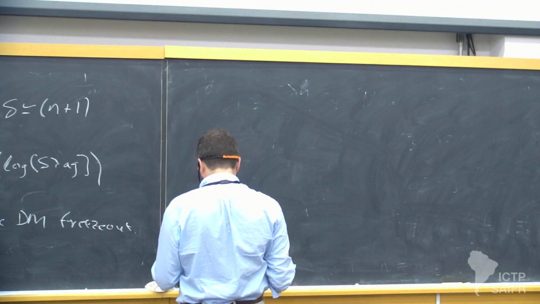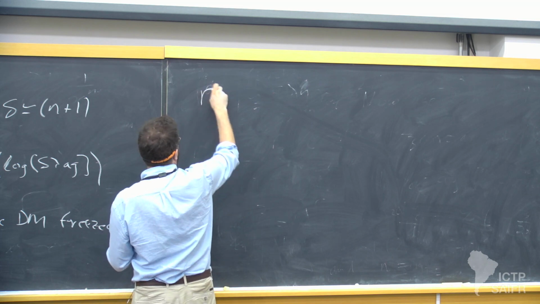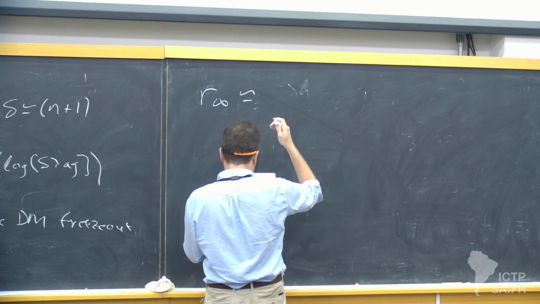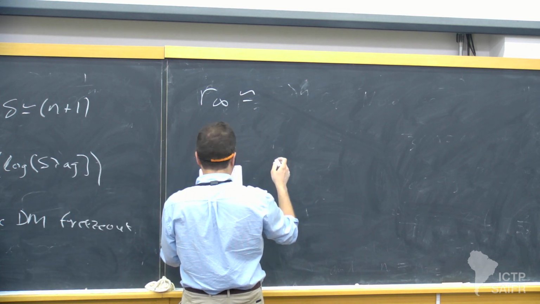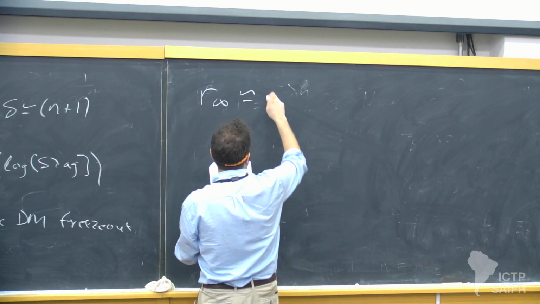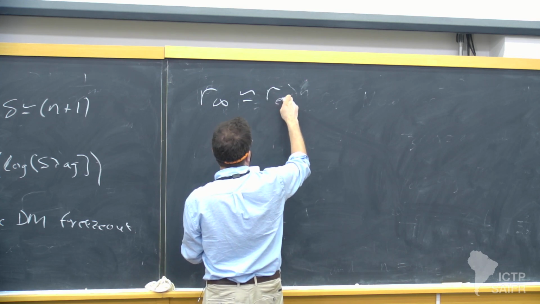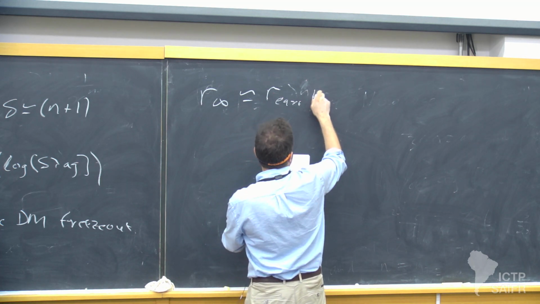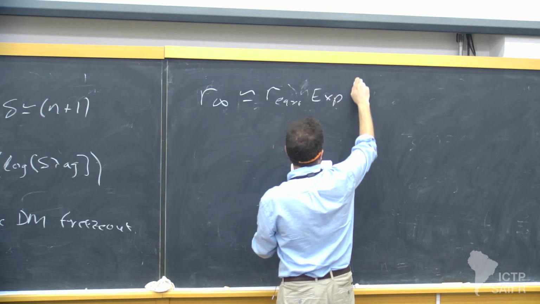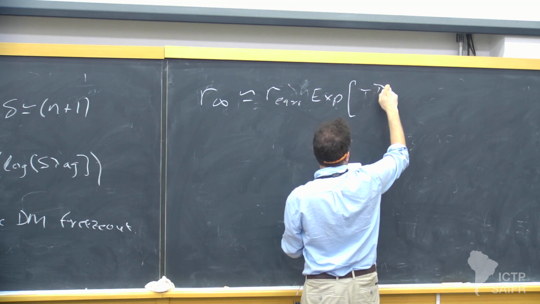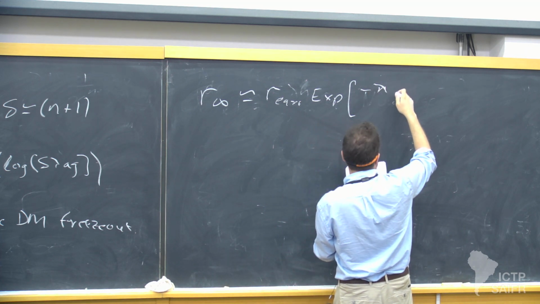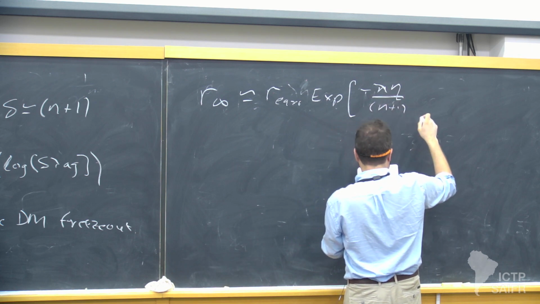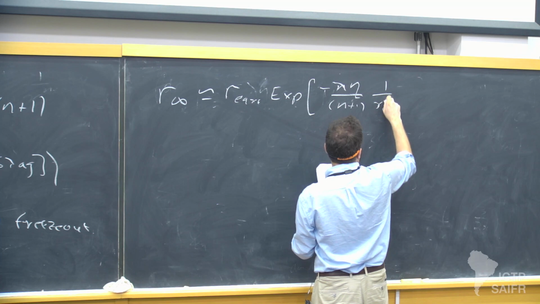So then, as we had before, R infinity, now we know how to find X freeze out. R infinity is just going to be R equilibrium at X freeze out approximately, and then an exponential suppression, which depends on the parameter lambda, which has the cross section in it, and so on. Lambda n+1, 1 on xf n+1.